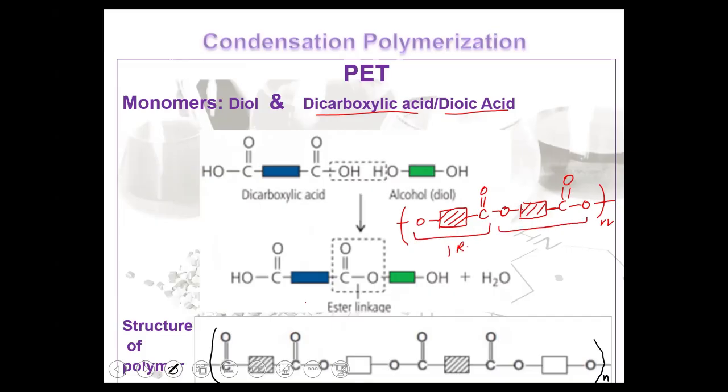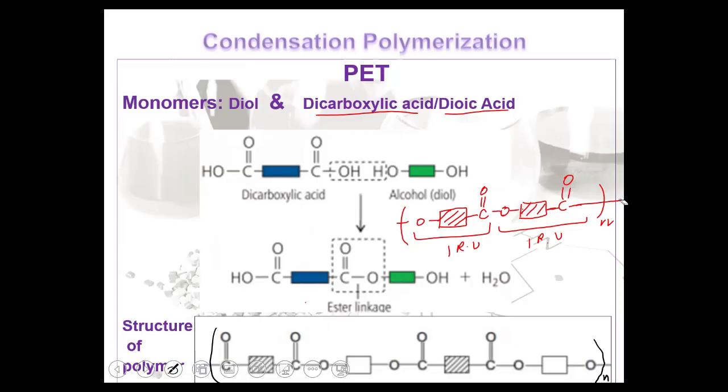So one repeat unit is here and one repeat unit is here. What is important in both, just a minute here: you don't have to keep the oxygen intact on the carboxylic side when you are making the polymer.